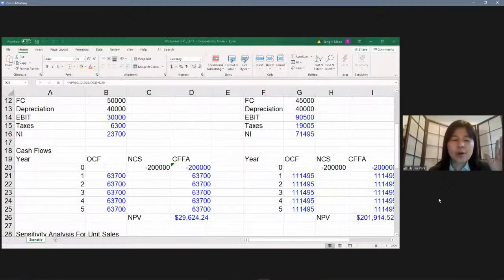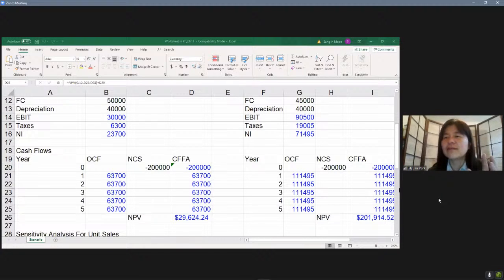So after you are able to calculate the base case scenario, this project that requires $200,000 investment now seems to be generating about $30,000 of value overall in terms of present value. So it looks attractive.